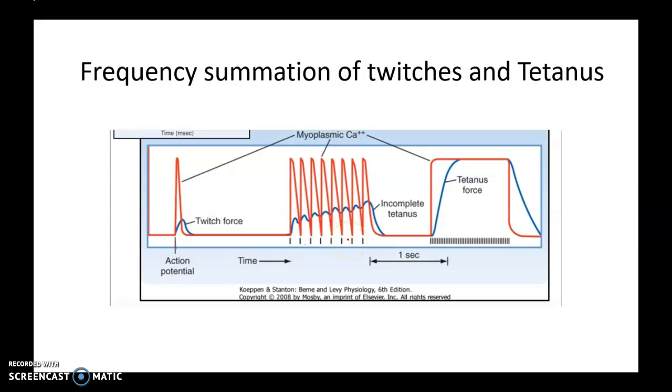Those represent action potentials. Now remember, with every action potential, what do we see? We see that with every action potential, there is more calcium that is dumped into the cytoplasm. Do you agree? And more calcium means prolonged removal of tropomyosin's inhibition on actin and more interaction between actin and myosin, right?